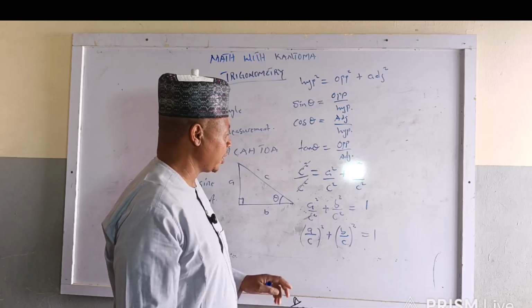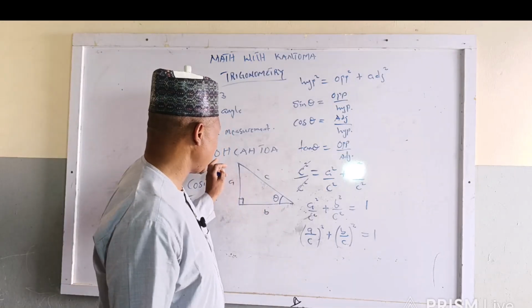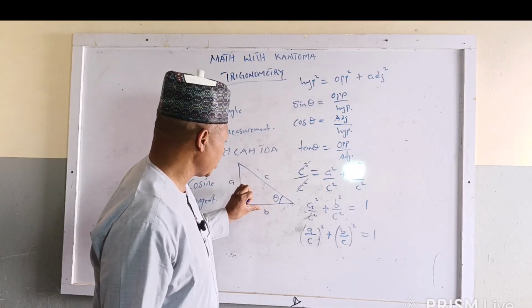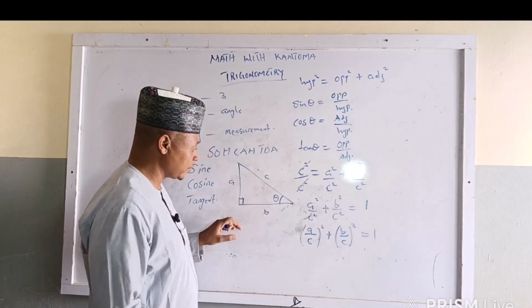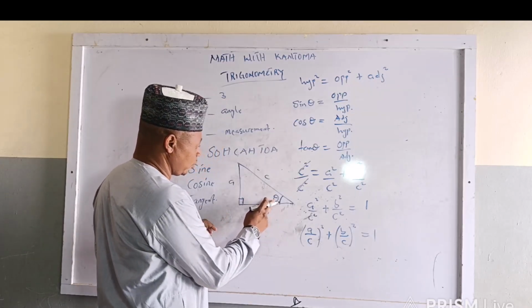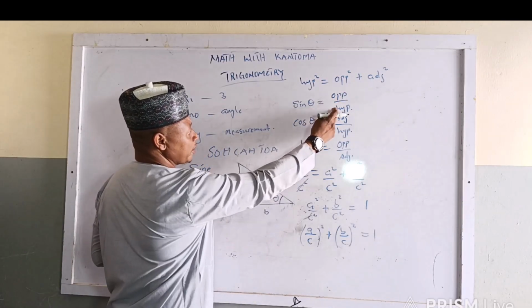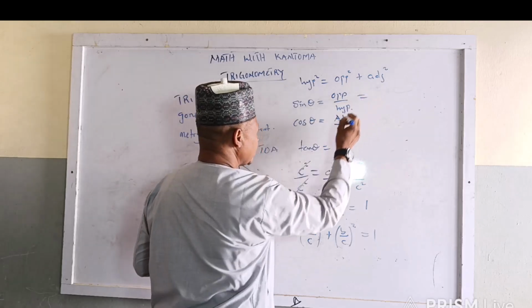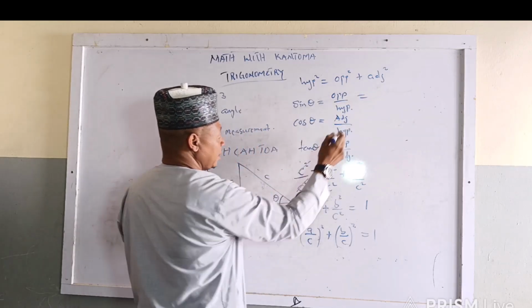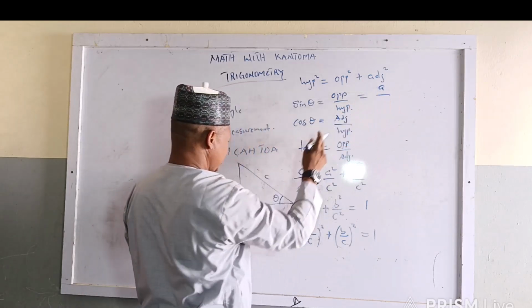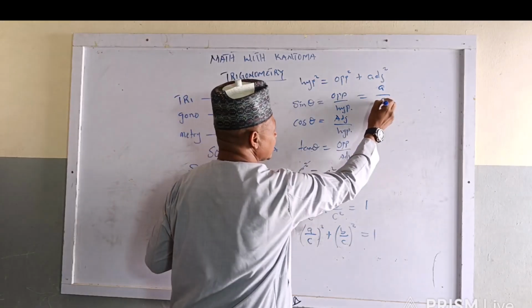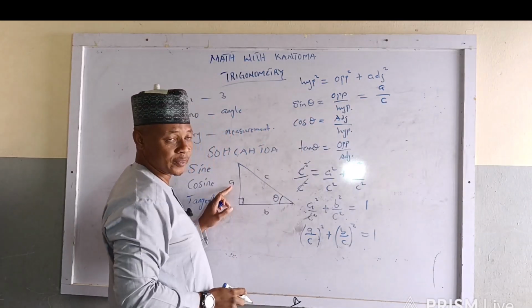By definition, sine of this angle theta is opposite over hypotenuse. Opposite is A, hypotenuse is C, so we have A over C as sine theta.